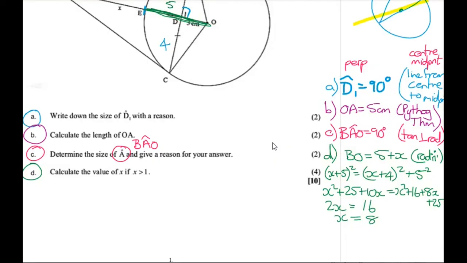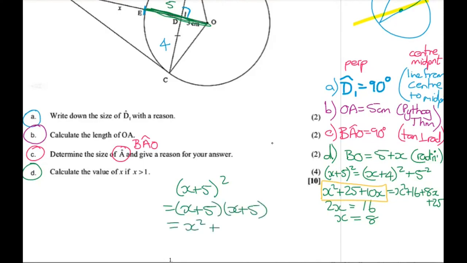Thanks, Michelle. Did everybody manage to follow that? The main thing I want to stress that some people still sometimes forget is squaring your binomial. Okay, guys, if you go x plus 5 all squared, there is a shortcut, and that's exactly what Michelle used. But remember that that means x plus 5 times x plus 5. And if you do FOIL, you're going to get x squared plus 5x plus 5x plus 25.